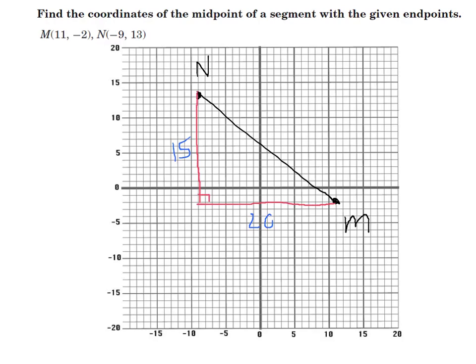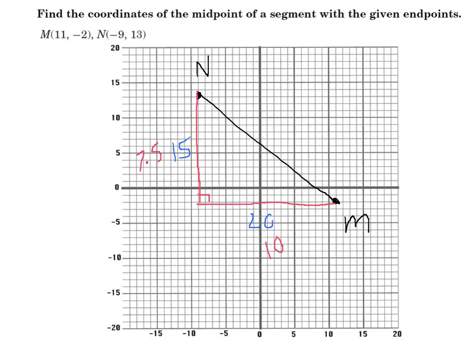Now, if I take half of that distance on each of those legs, I should be able to triangulate my midpoint. So half of 15 is 7.5, and half of 20 is 10.